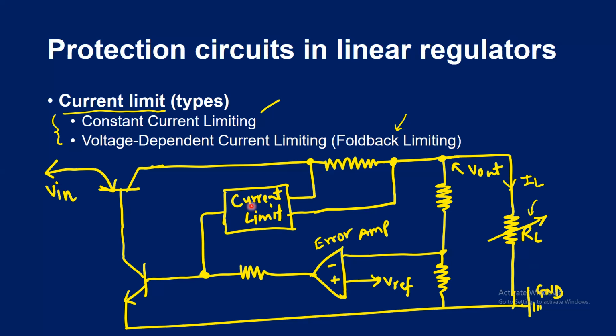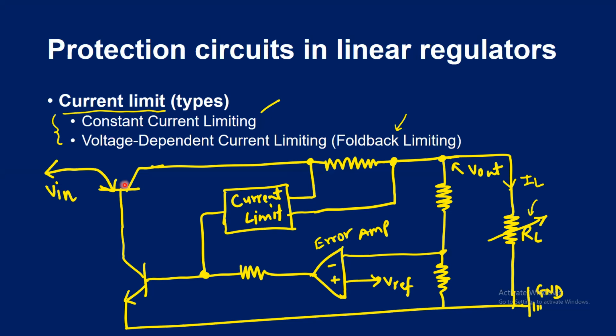So without a current limiting circuit, the regulator would source an excessively high amount of load current and destroy the pass transistor, the power transistor inside the part, because your power transistor cannot withstand that excessive heat.